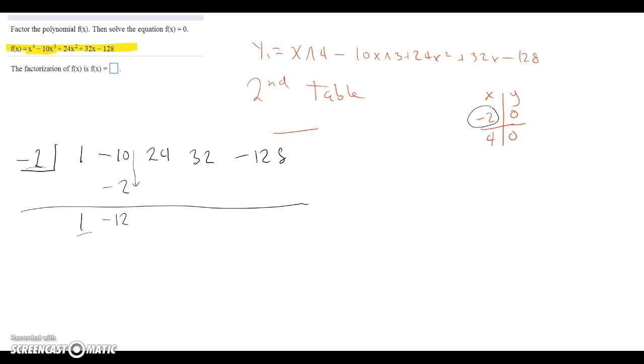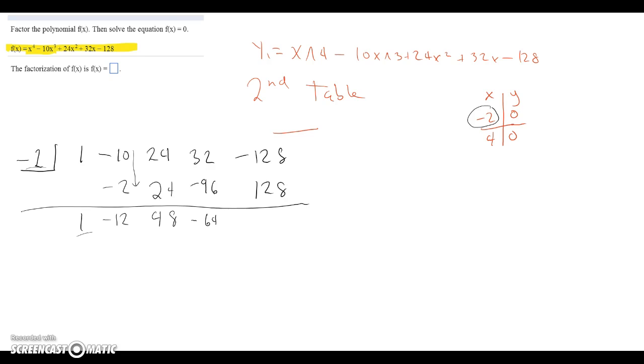Multiply again: -2 times -12 is a positive 24. 24 plus 24 is 48. -2 times 48 is -96. 32 plus -96 is -64. -2 times -64 is a positive 128.